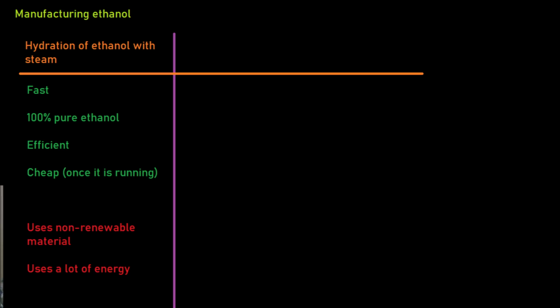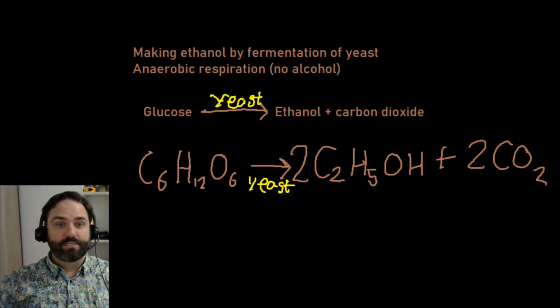The second way of manufacturing ethanol is actually a biological process. It is the fermentation of sugar, in particular glucose, using yeast. Yeast is an organism, contains an enzyme, and when yeast carries out anaerobic respiration, so respiration without any oxygen, it will create ethanol.